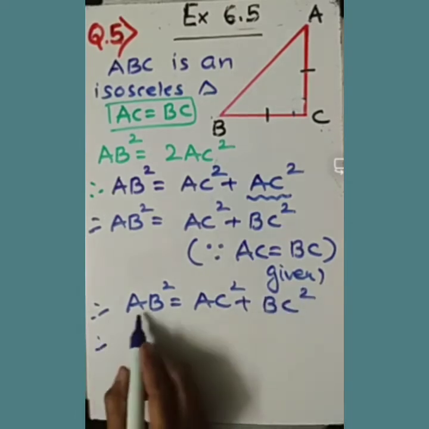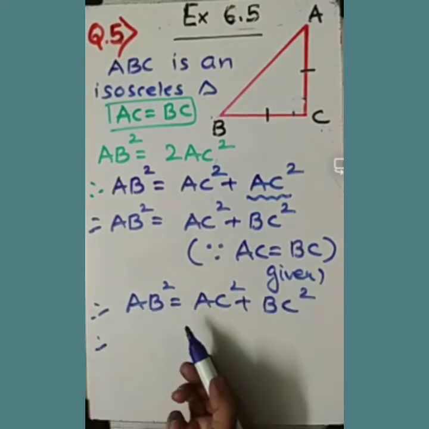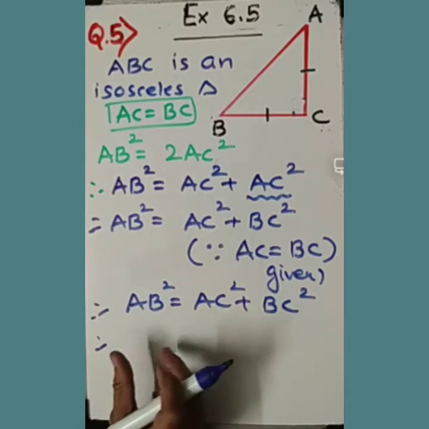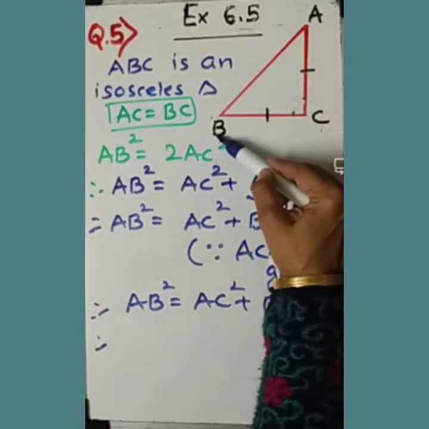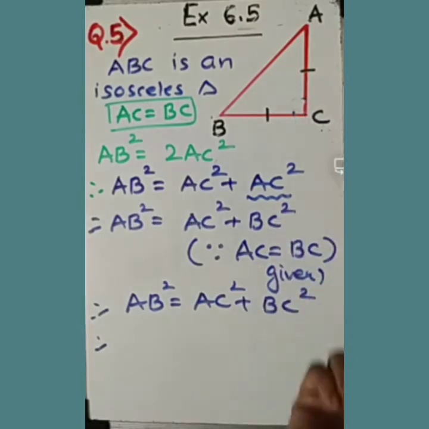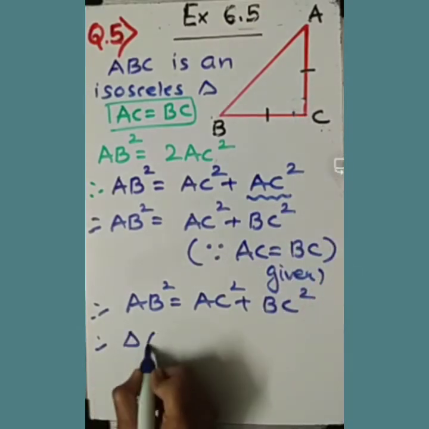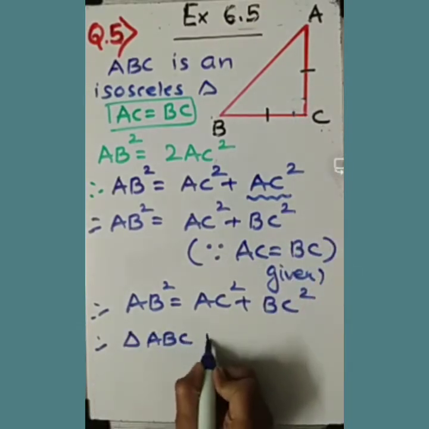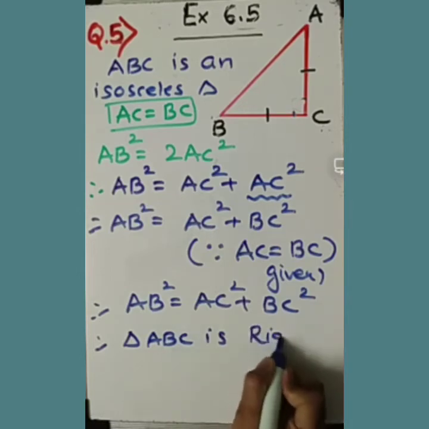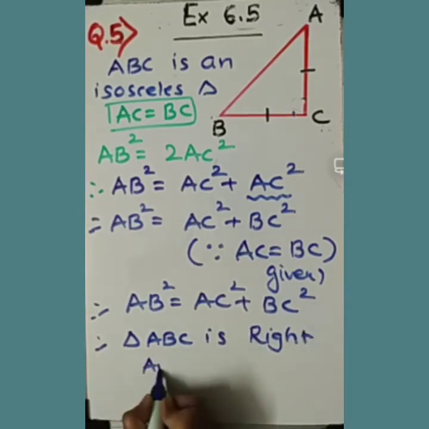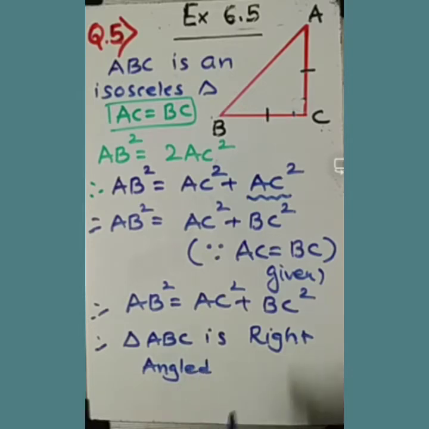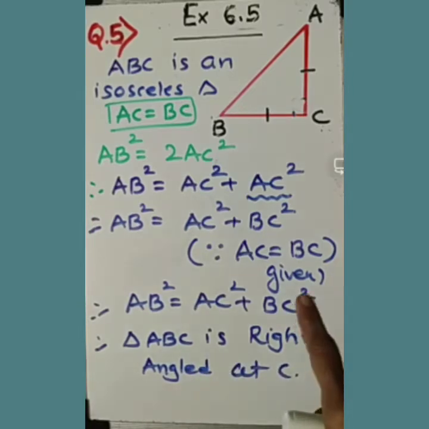The side opposite to AB will be the right angle, because AB is the hypotenuse. Therefore triangle ABC is right angled at point C. I hope it's clear. This also asks for 2 marks in the exam, so prepare it nicely.